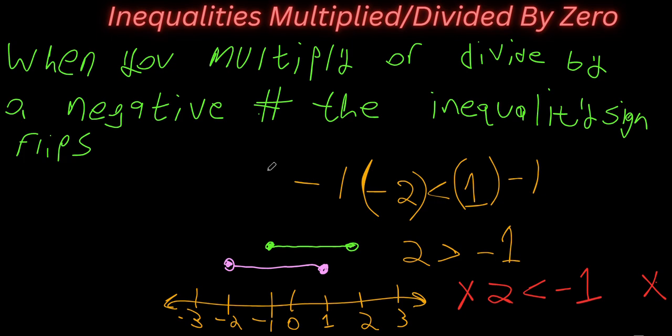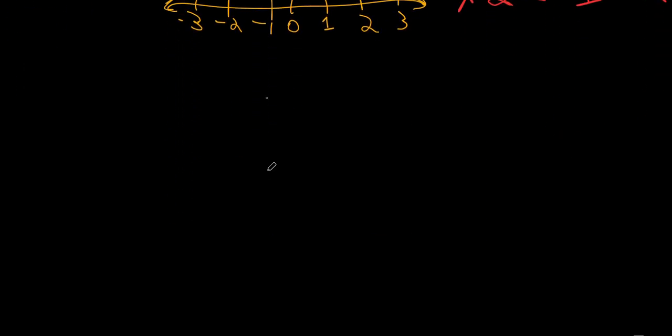Let's work through a few examples now. So example 1. It's very important that you remember when you multiply or divide by a negative number, you must flip the inequality sign.